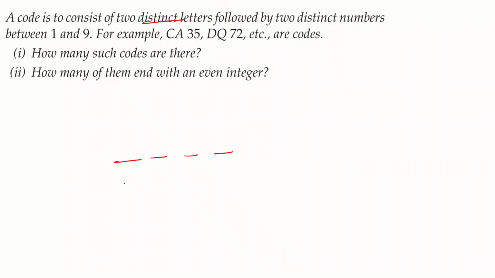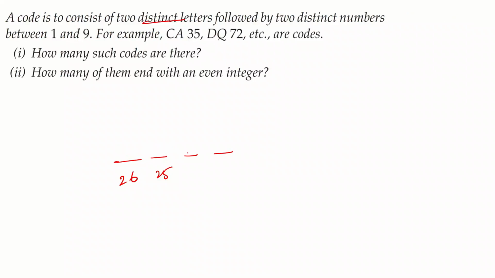For the first place you have 26 options. You can take any letter from the English alphabet. For the next one you have 25 options, because once you have chosen any letter from the English alphabet, then you cannot choose it for the next place. So we have 25 options over here.